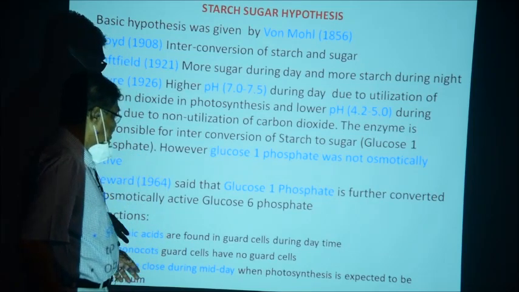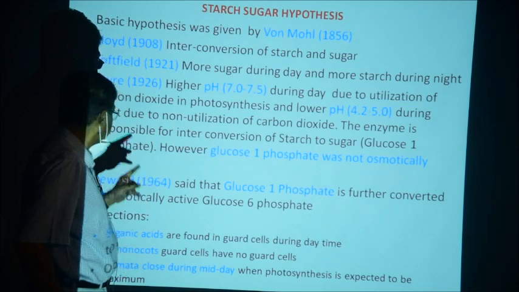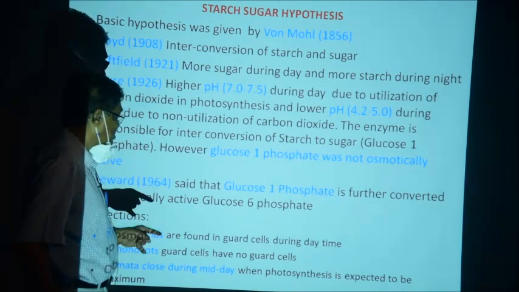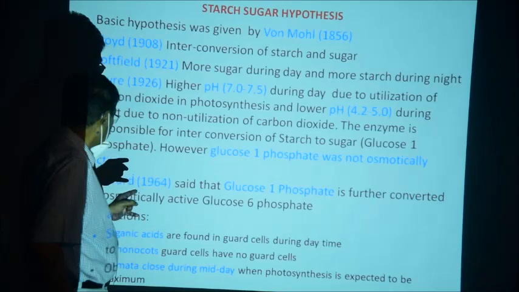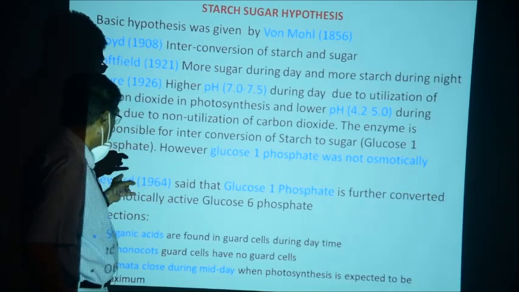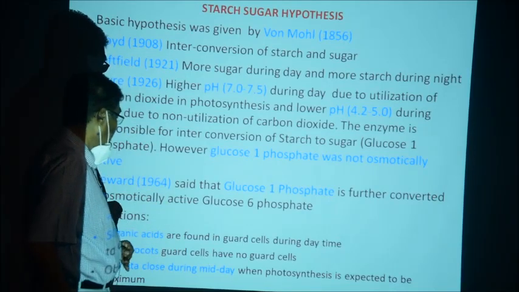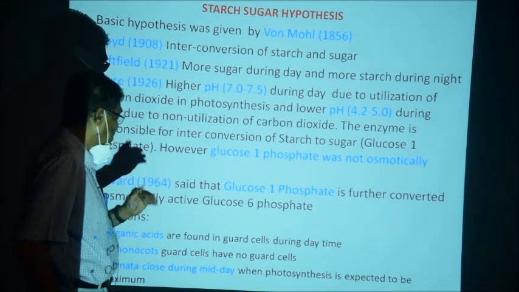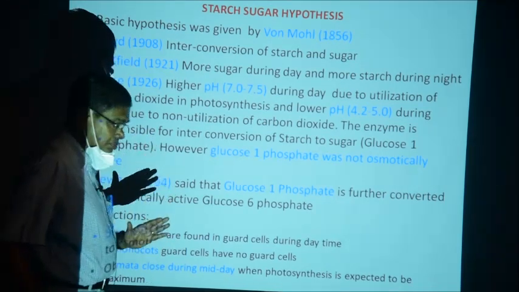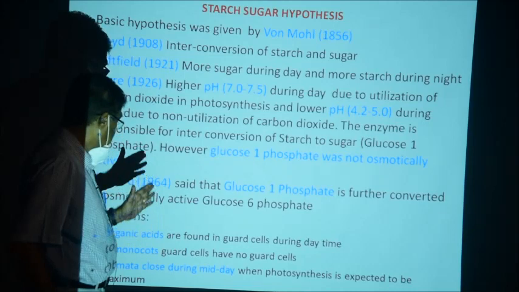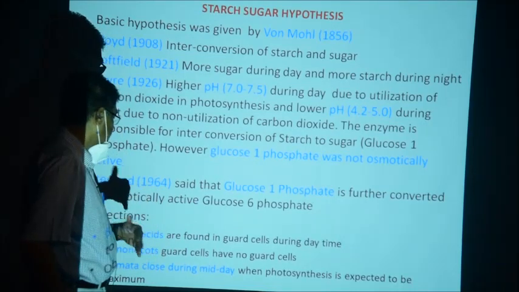One thing was said: Sayre said starch is not converted simply to sugar but to glucose 1-phosphate in the presence of the enzyme phosphorylase.